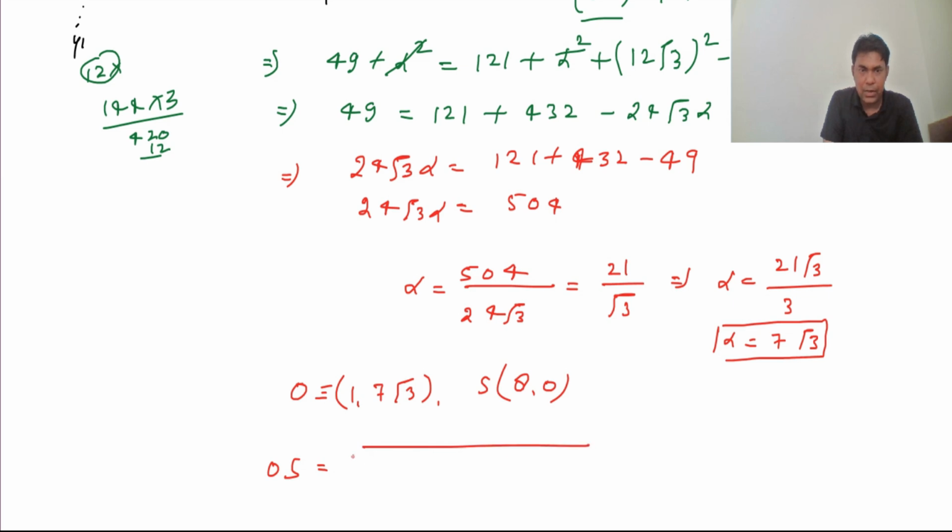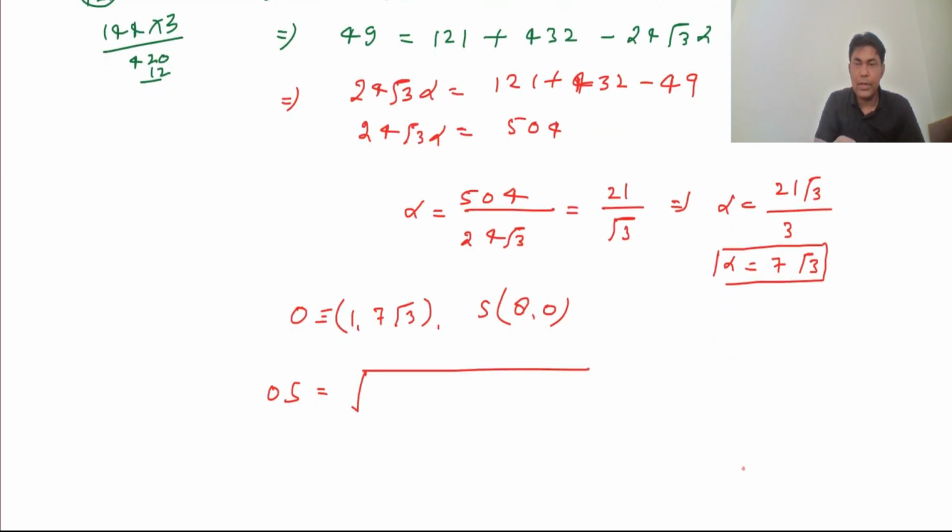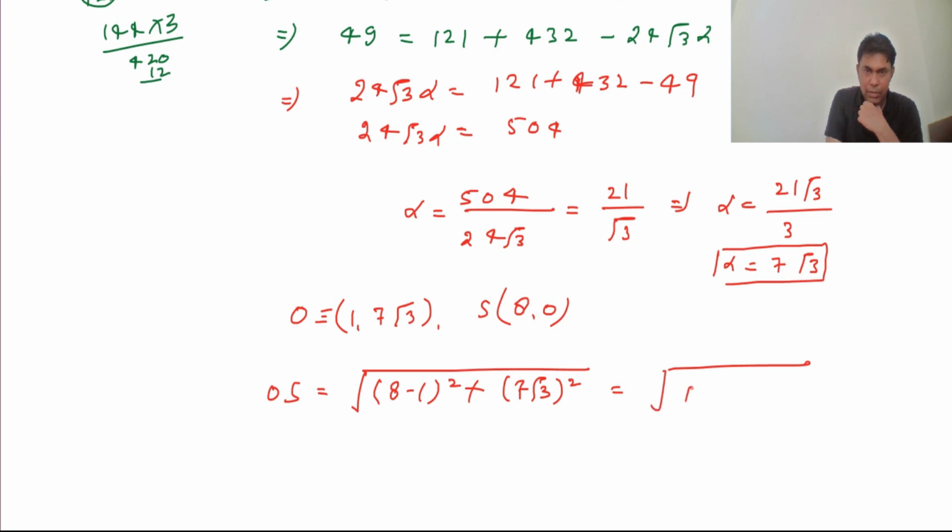So we calculate the distance between the 2 points O and S, that will be (8 minus 1) raised to 2 plus (7 square root of 3) raised to 2. This will become 49 plus 49 times 3.